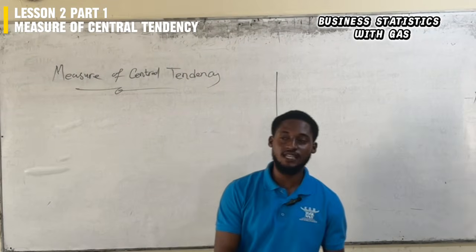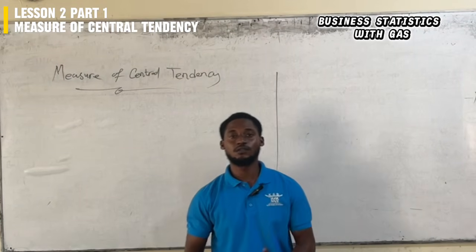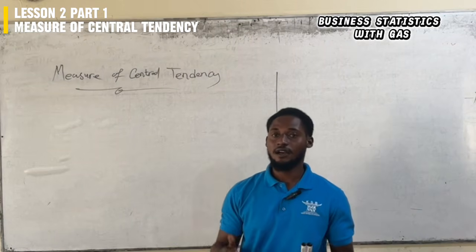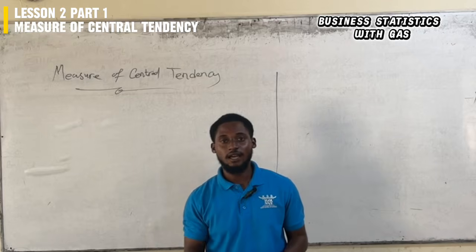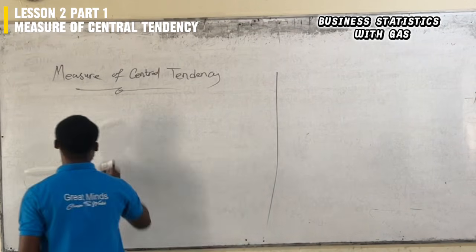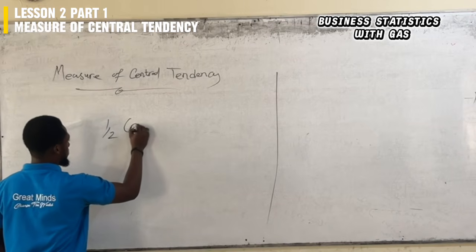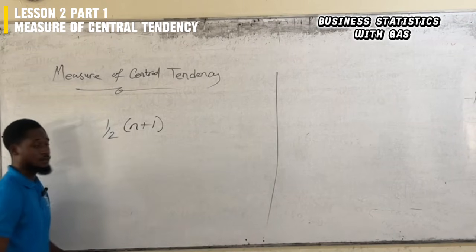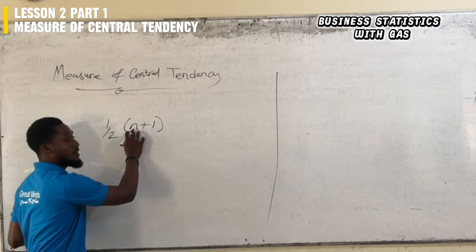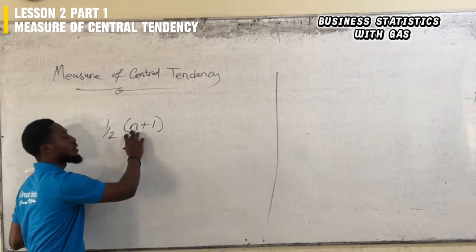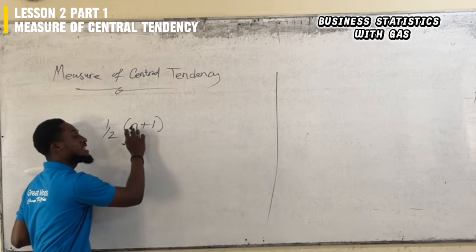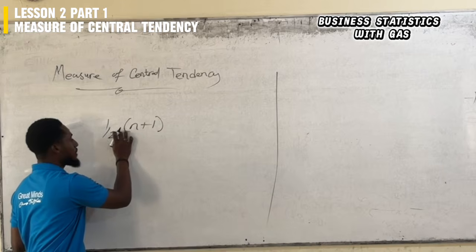So now we move on to median and mode of an ungrouped data. When you are given an ungrouped data and the middle value is an odd number, you go with this formula in order to find your median. The n here is the odd number, then you add 1 to it to make it even, then you multiply it by your half.